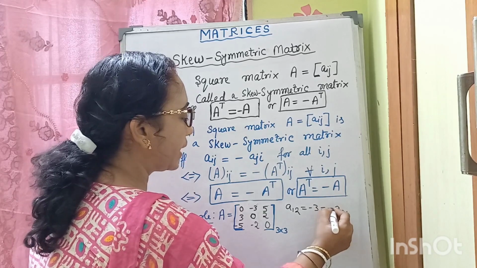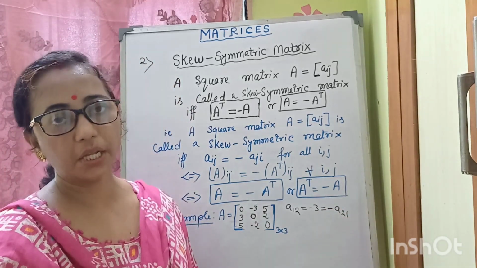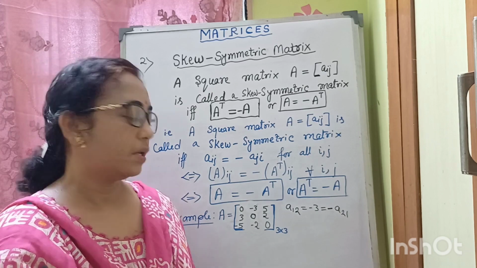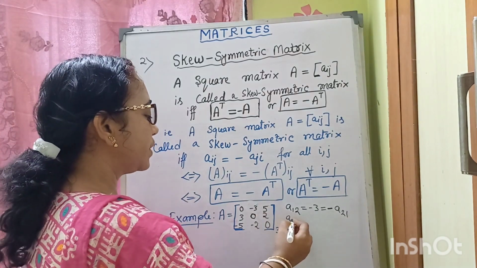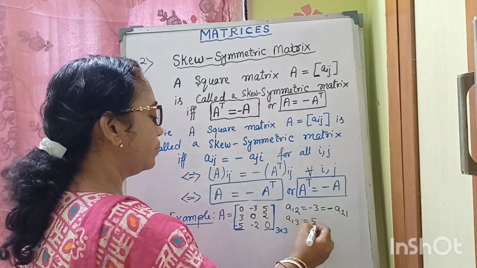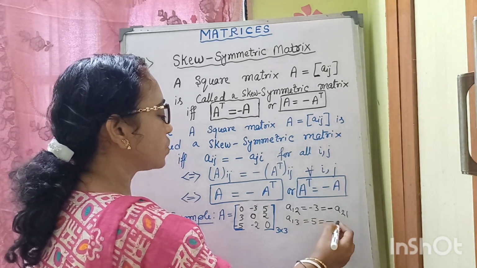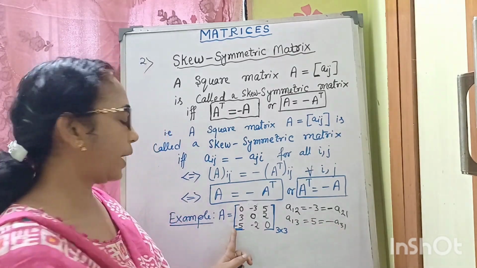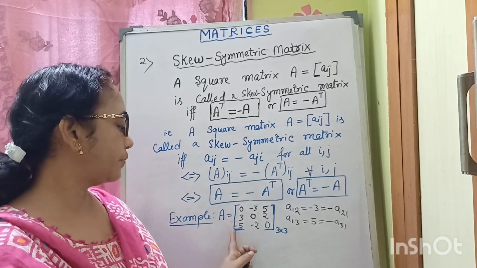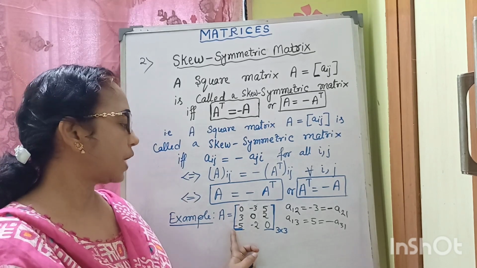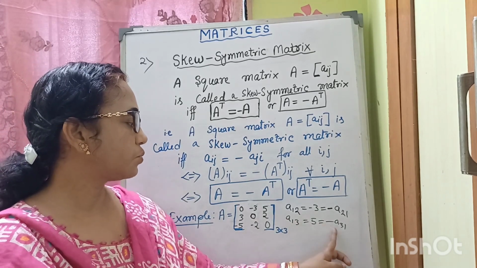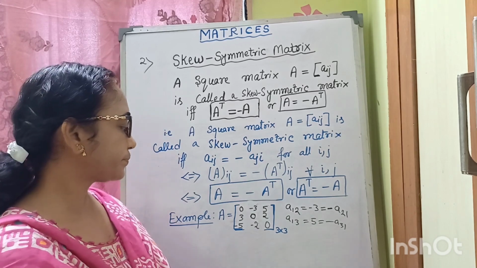So if we put one minus sign before that, then both the elements are equal. Similarly, A13 element is equal to 5, which is same as minus of A31 element, because here minus 5 is present. So if we multiply by one more minus, that becomes 5. So then these two elements become equal.